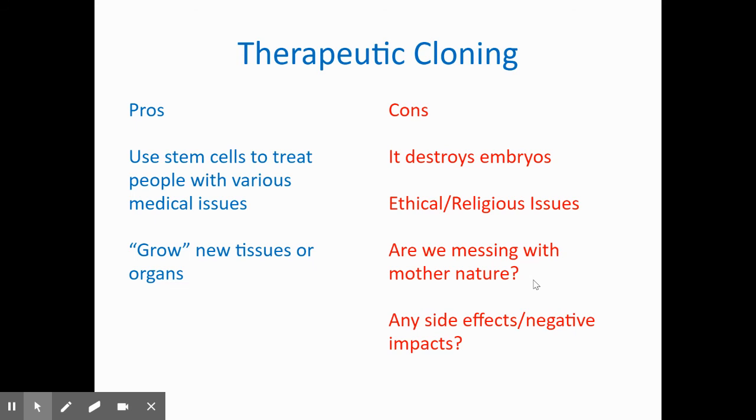That was a positive thing. However, one of the side effects was that it produced multiple tumors in these rats, and that was something that scientists couldn't control. So these are some of the pros and cons to therapeutic and reproductive cloning.